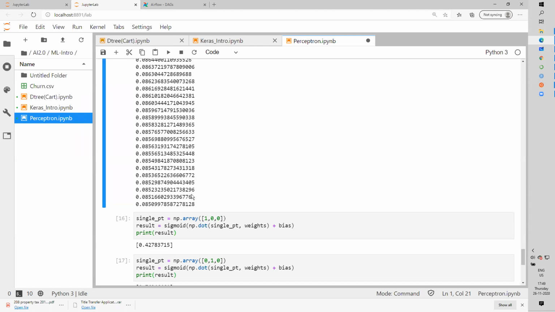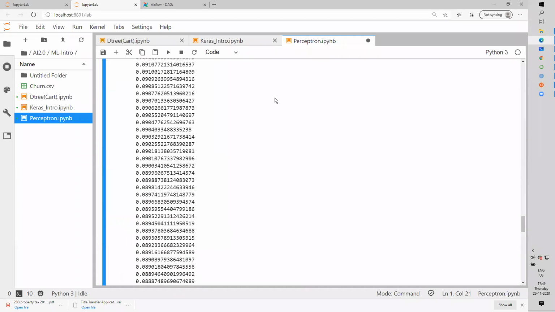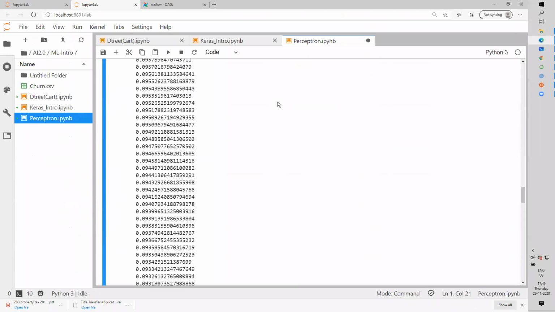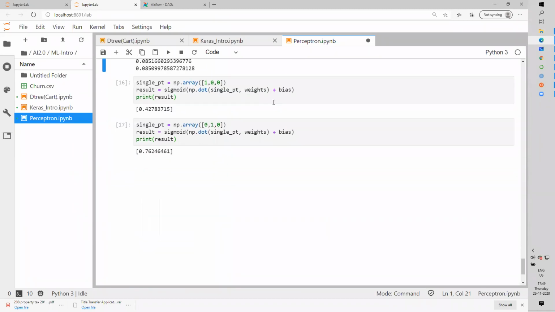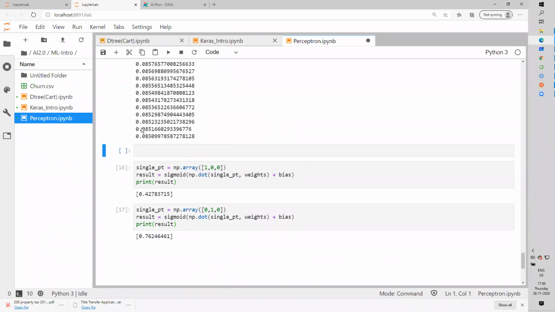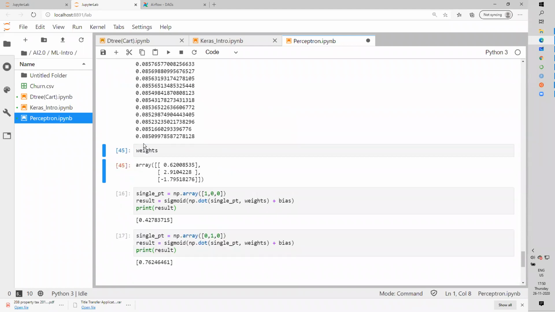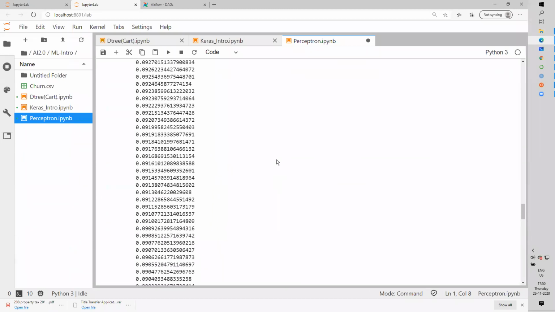Now we have our model ready. Well, I would not say model, but we have our weights ready. What is our perceptron? Our perceptron is nothing but the weights, right? Now what is our final weights? Let me print the final weights for us. So my final weights are this. Compare these weights with the original weights where we initiated them.